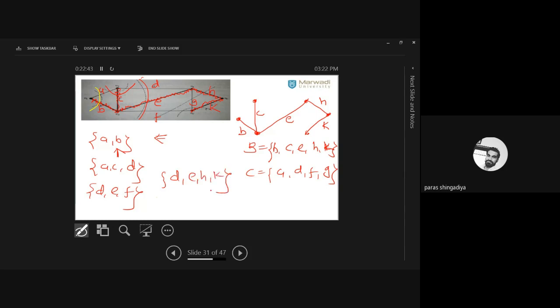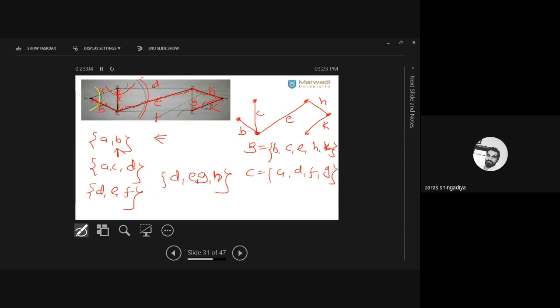And then we can consider DEGH. Is it an example of a fundamental cut set? Sorry, DEGK was wrong; HK is the different one. DEGH.